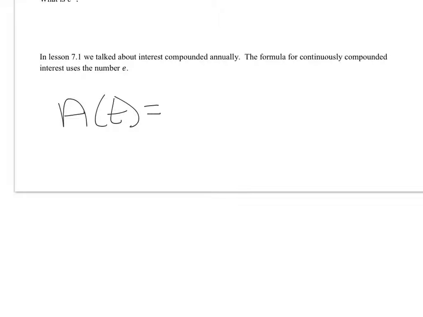Just like before, we start with a principal, whatever we start with, and then every continuously compounded equation has this e value in it. And then we have our time times our rate. So it's never going to be plus or minus. It should always be a positive thing because it's always going to be a growth. So in this case, we would want to have this equation. Make sure you write that down.